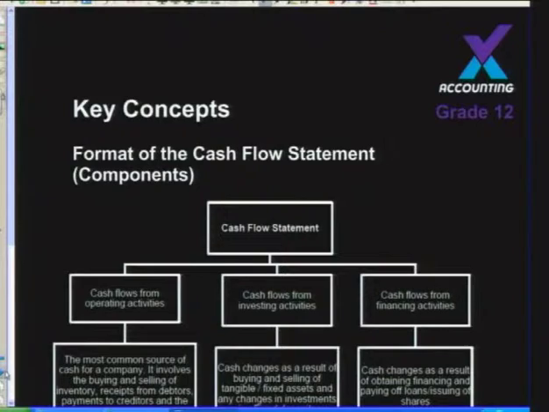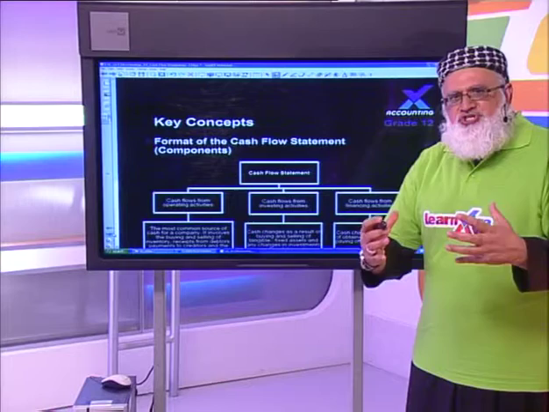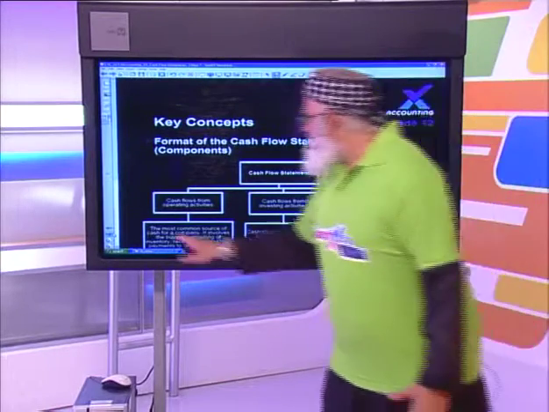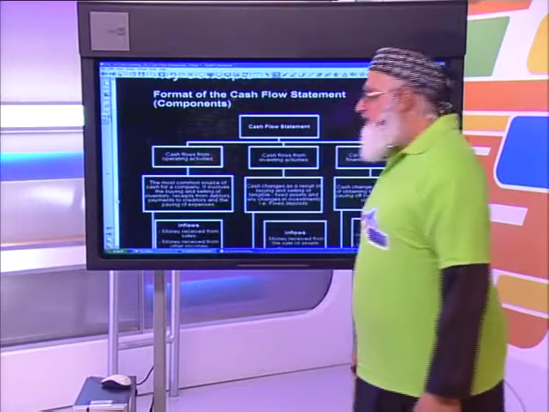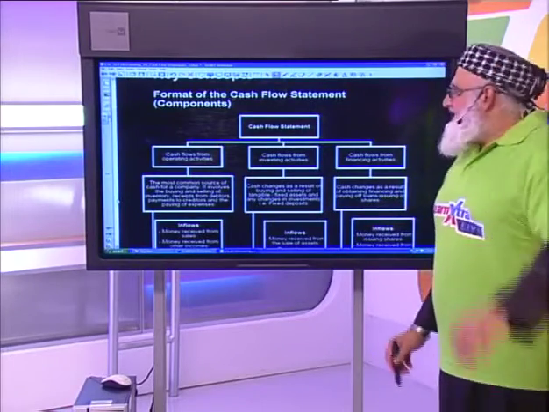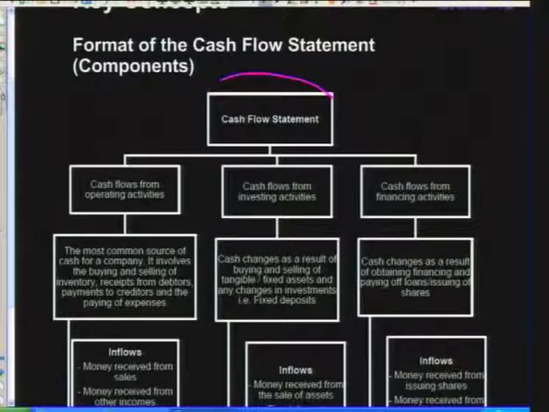Now, let us get into the preparation of the cash flow statement. And if you look at this diagram here, you will find that your cash flow statement has three basic categories, or it has three sections to it, which you need to master.